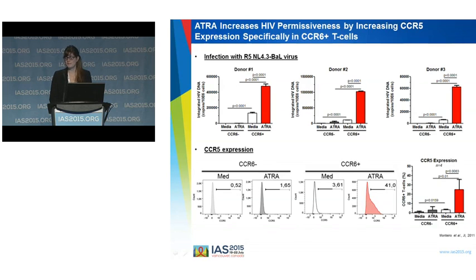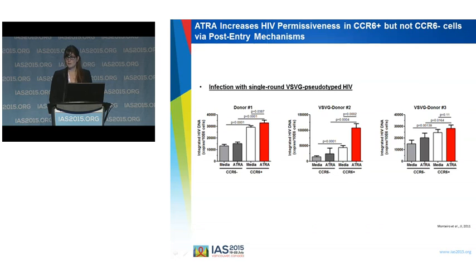This effect is at least in part explained by the upregulation of the HIV co-receptor CCR5, but exposure with a single-round VSVG pseudotyped HIV indicates that ATRA preferentially induces HIV DNA integration in CCR6 positive T cells. So these results are providing evidence that ATRA facilitates HIV replication in CCR6 positive T cells by acting at both entry and post-entry levels.